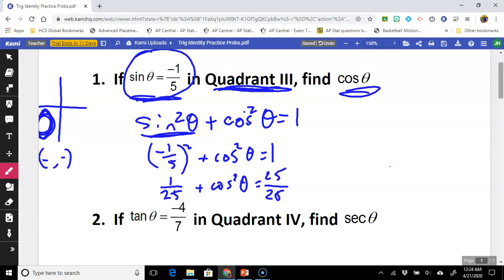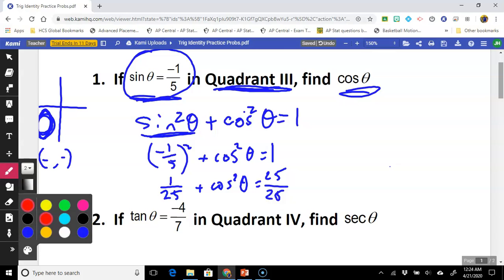The reason why is because I wanted to get a common denominator so that I could combine those fractions. So cosine squared is equal to 25 25ths minus 1 25th, which would be 24 25ths.